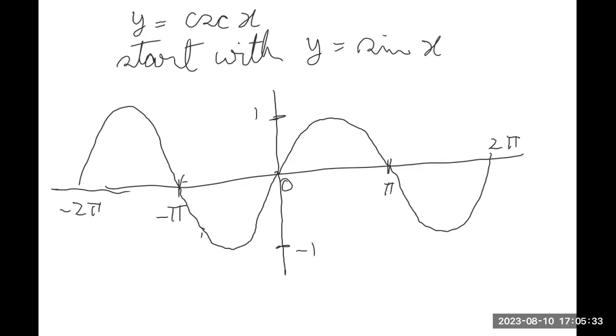Now, since cosecant is the reciprocal of sine, whenever sine x is 0, cosecant will be undefined because 1/0 is undefined. So wherever you see the x-intercepts, go ahead and make the vertical asymptotes.